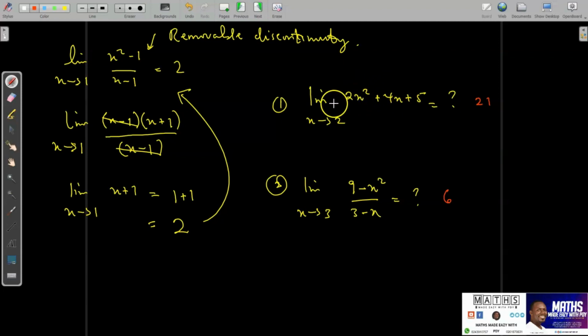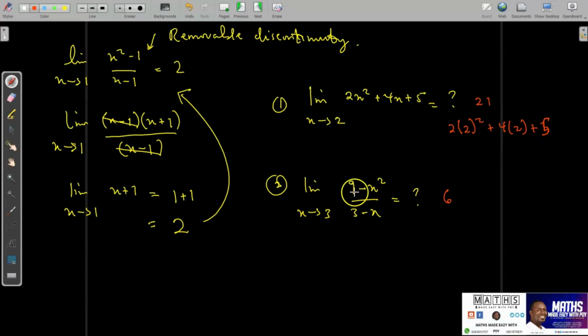So therefore, to get the limit of this function as x approaches 2, you just substitute the value of 2 into the function, and that's going to give you 2 multiplying 2 squared plus 4 multiplying 2 plus 5. And then the final answer, I believe it's giving us 21 as we see here. We have 4 times 2, which is 8. 8 plus 8, 16. Then 16 plus 5 will give you 21.